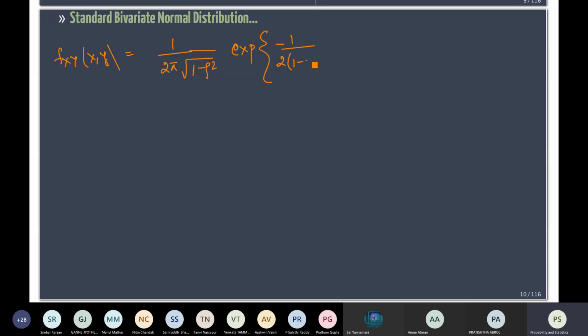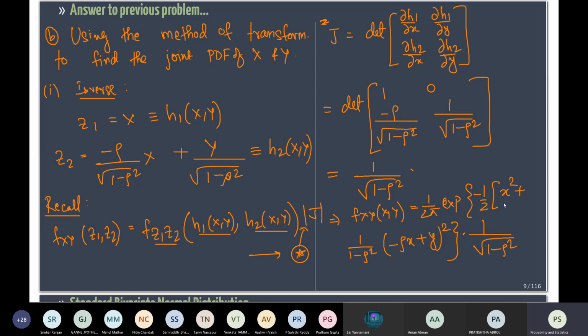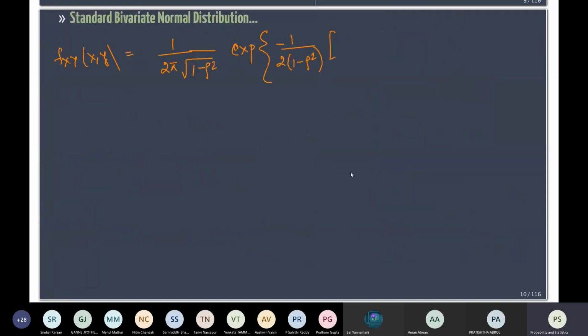So 2 times 1 minus rho squared, and then what is left inside? Inside I will have 1 minus rho square x square, so I will have x square minus rho square x square, and there is a plus rho square x square term here, so that will get cancelled.